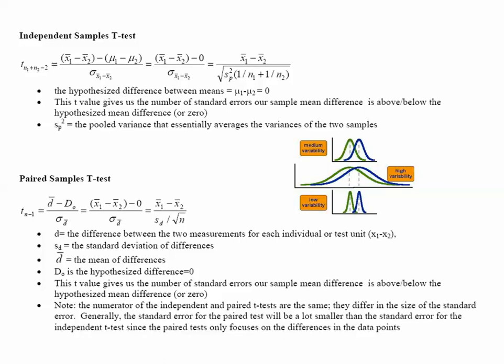Now, this is very critical because the way we measure a t-statistic based on an independent t-test is different than the way we measure a t-statistic on a paired t-test. We'll go through several examples, so hopefully you'll become familiar with the difference between an independent t-test and a paired t-test.